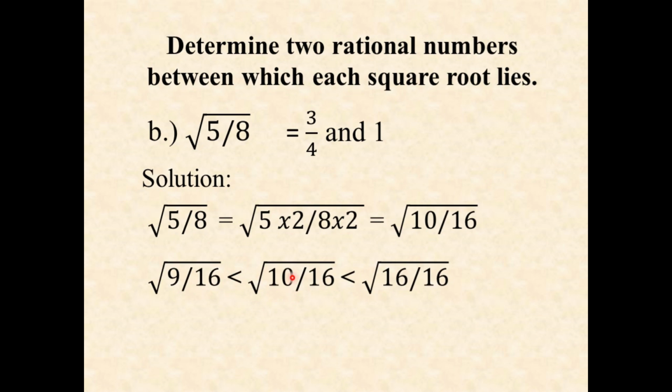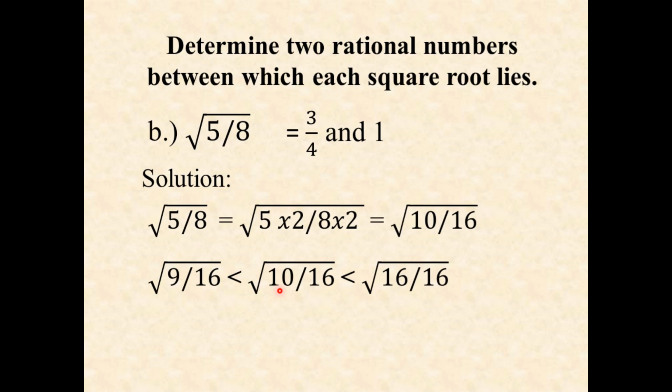Alright, so again, the numerator, which is 10, will be our basis to look for the other two numbers in the numerator. Here, we must think of two perfect square numbers closest to 10, one greater and one less than 10.